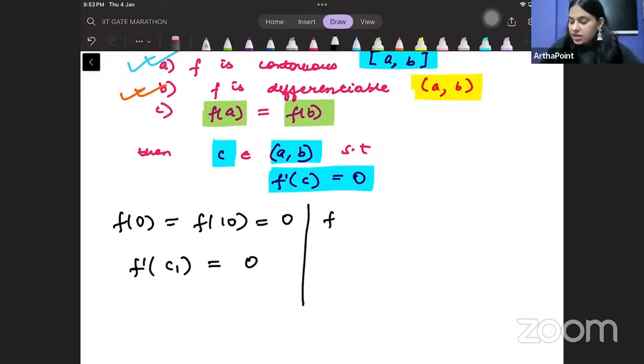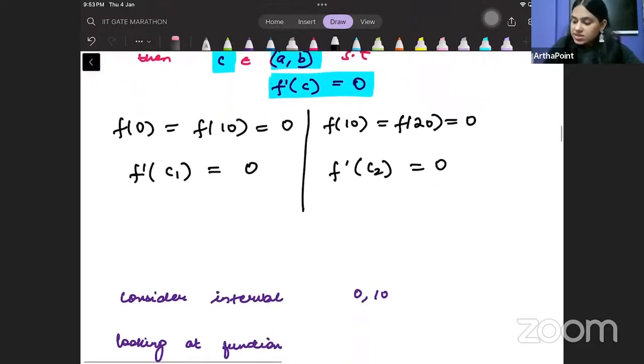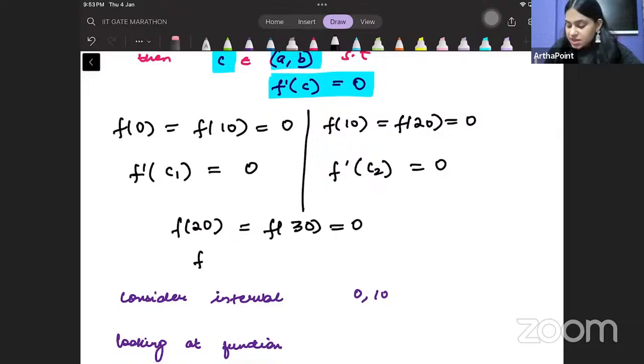In the same way, the values at 10 and 20 are also the same, 0. This means one such C will exist such that f dash C will be 0. Similarly, beta, at 20 and 30 also the value of the function is the same, 0, which means one C will exist such that f dash C will be 0.